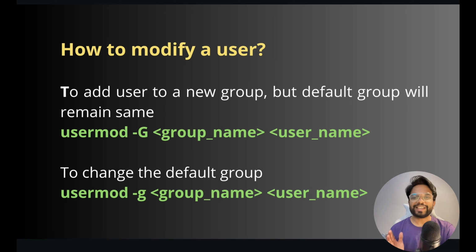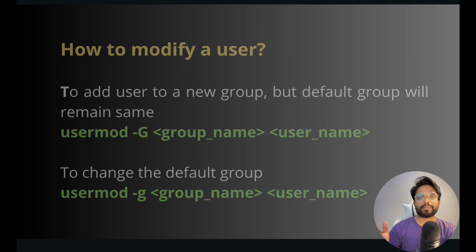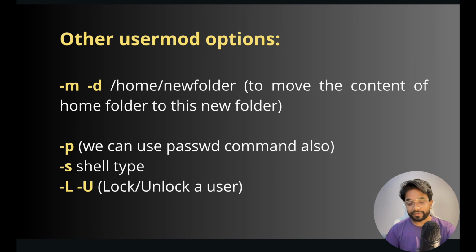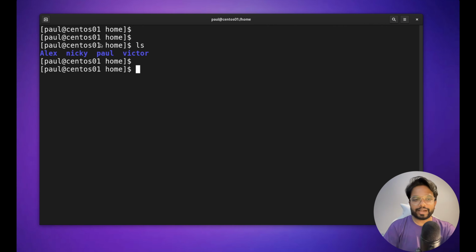So apart from changing the group of a user, we can also perform some other options as part of user modification, like changing the home directory. We can simply use -m and -d, and you can provide the new home location of the user. Let's try this. For example, right now the home directory of the Victor user is Victor.